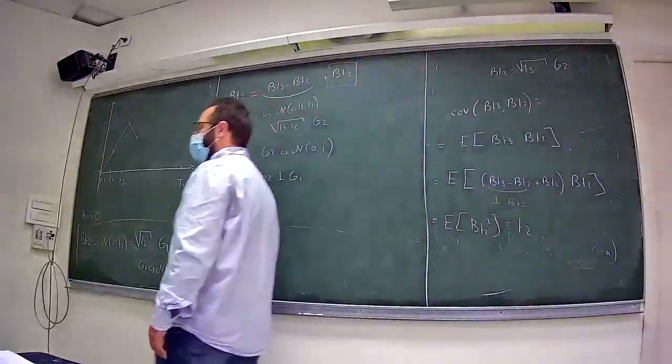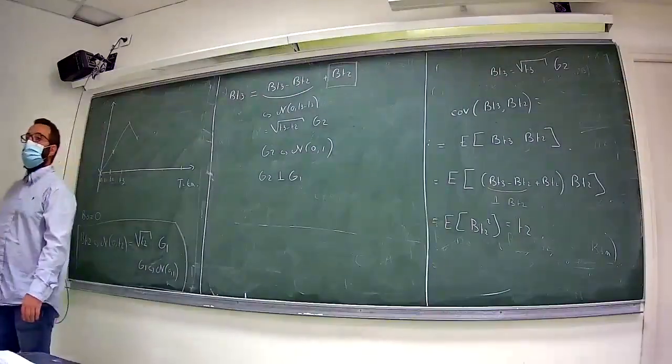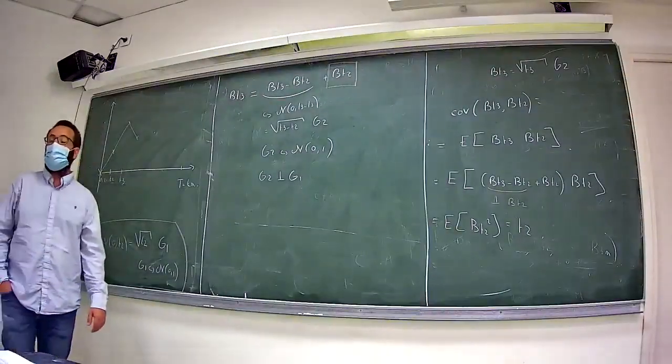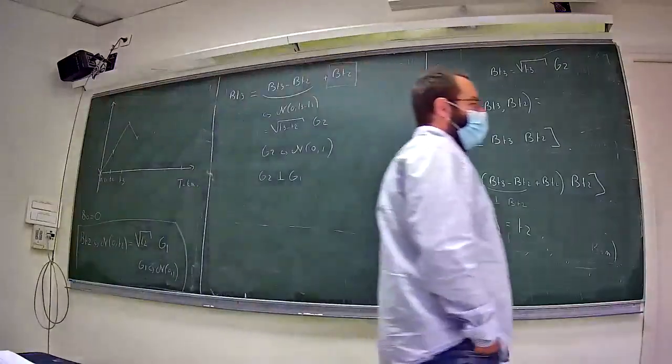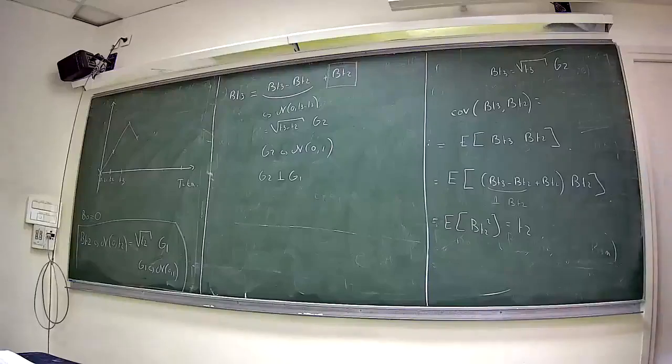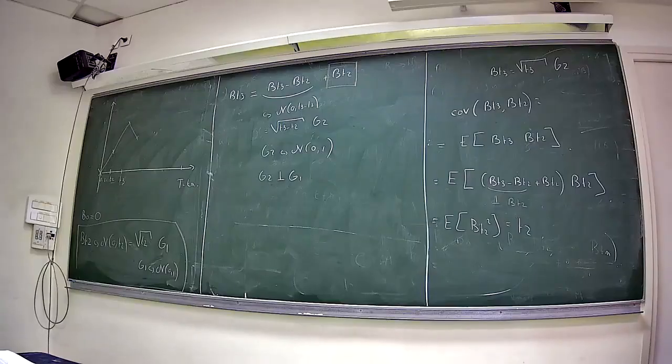Now we are going to have a look at an equivalent definition of the Brownian motion in terms of Gaussian processes. And why are we going to do this? Because it is this definition that we are going to use in order to prove that the Brownian motion exists, that is, it is possible to build it. Why does such a process exist? A priori, I don't know.